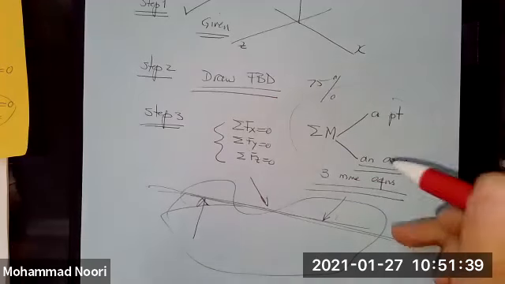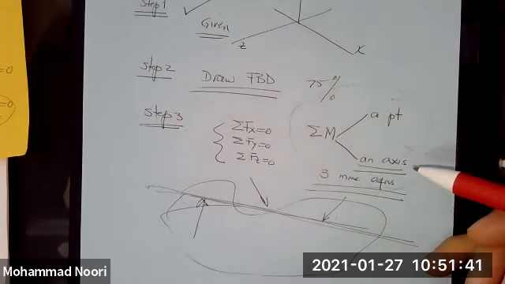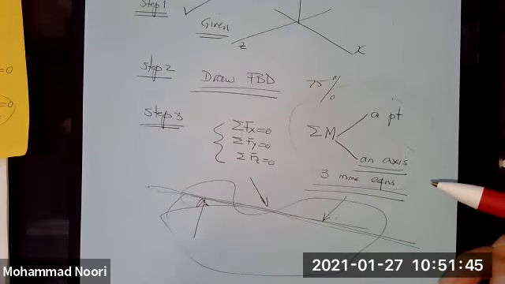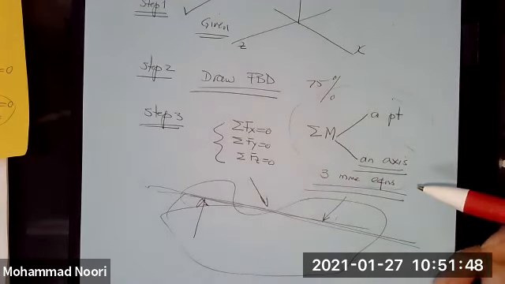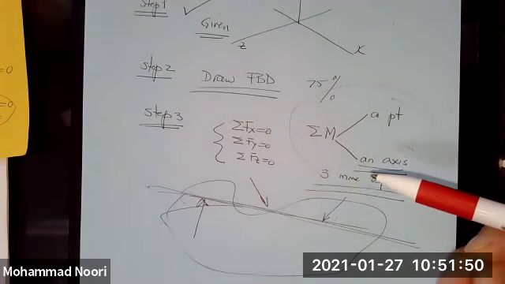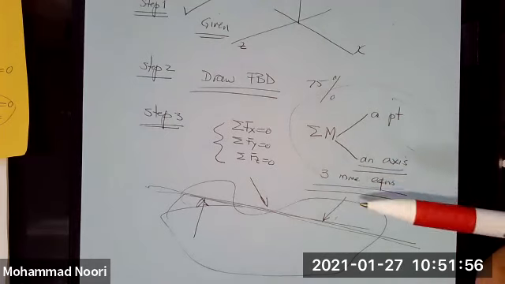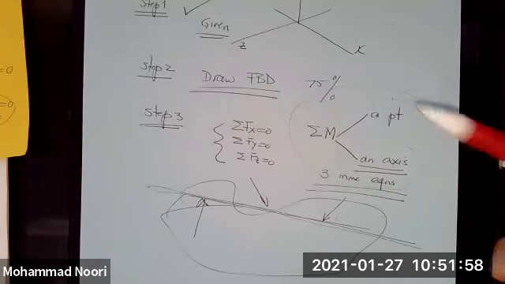So summation of moments about an axis is analogous to summation of moments about the point in 2D, where you find the point of intersection of two unknowns, take the summation of moment about that point, you get rid of those two unknowns, you end up with one unknown.